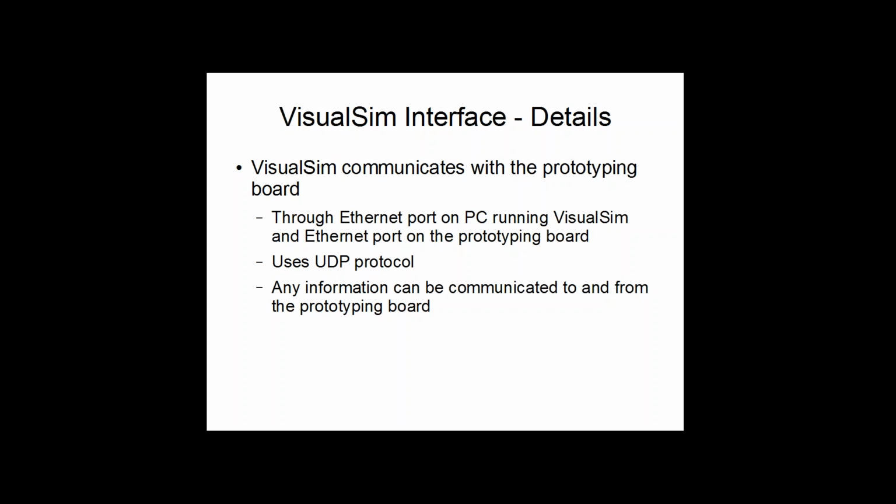You could send packets, or just raw data that you want the FPGA to use. What the processor or the interface will do is take this UDP and the data that you're sending and give it to the FPGA in whatever format you want.